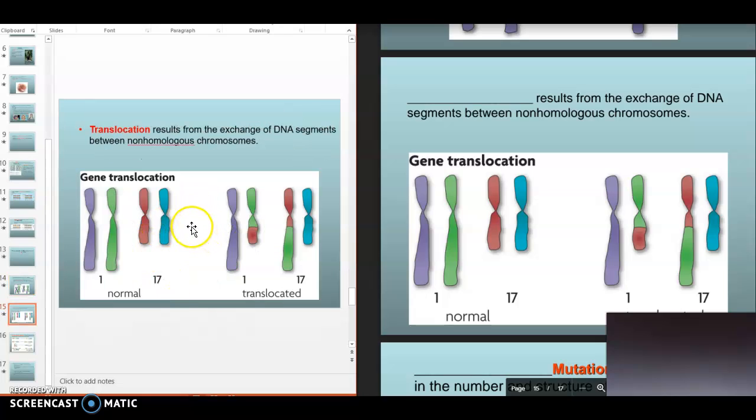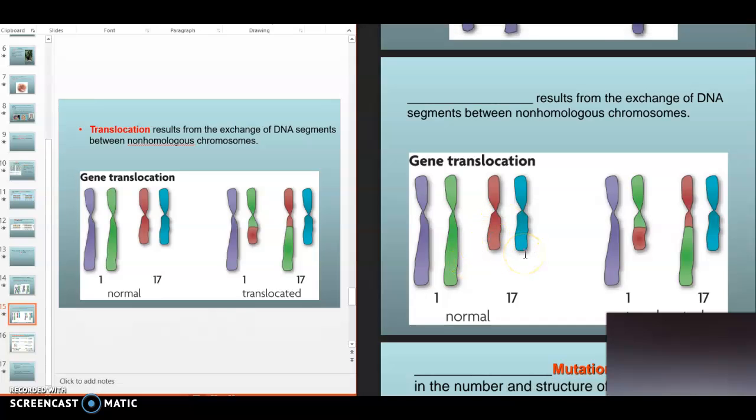All right. So this one here is translocation. Now, translocations are by far the worst of the chromosome mutations. Translocation is where you would have like chromosome 1 and chromosome 17, and they're supposed to match up here at the centromere. But what happens when this centromere hooks up with this centromere, and then they undergo crossing over?